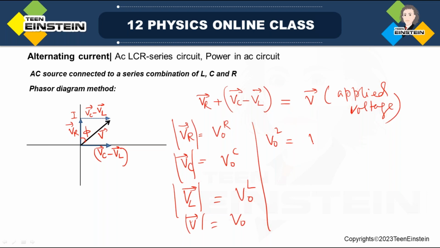So I can just take VR0 square plus VL0 minus VC0 whole square.